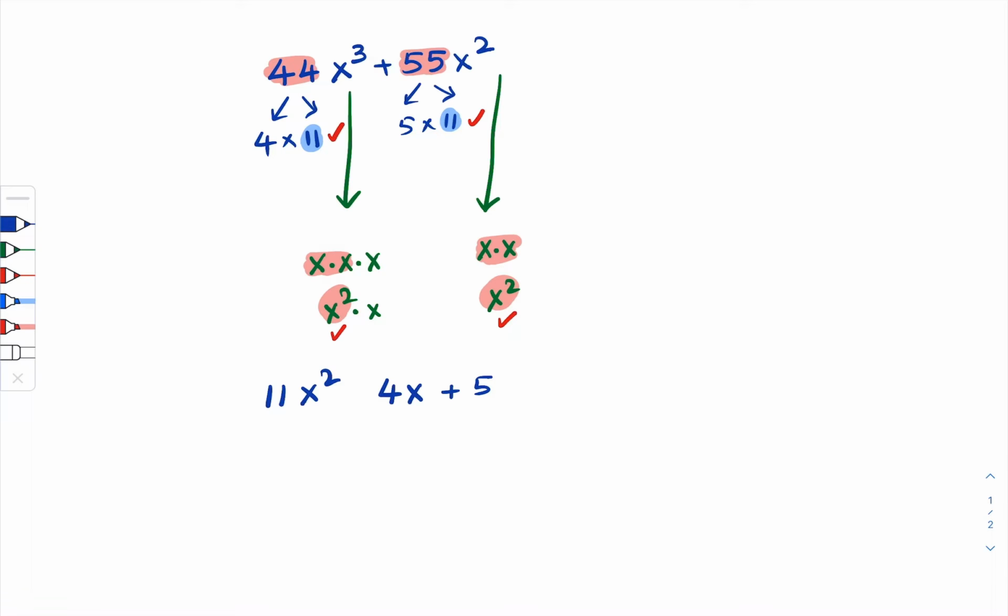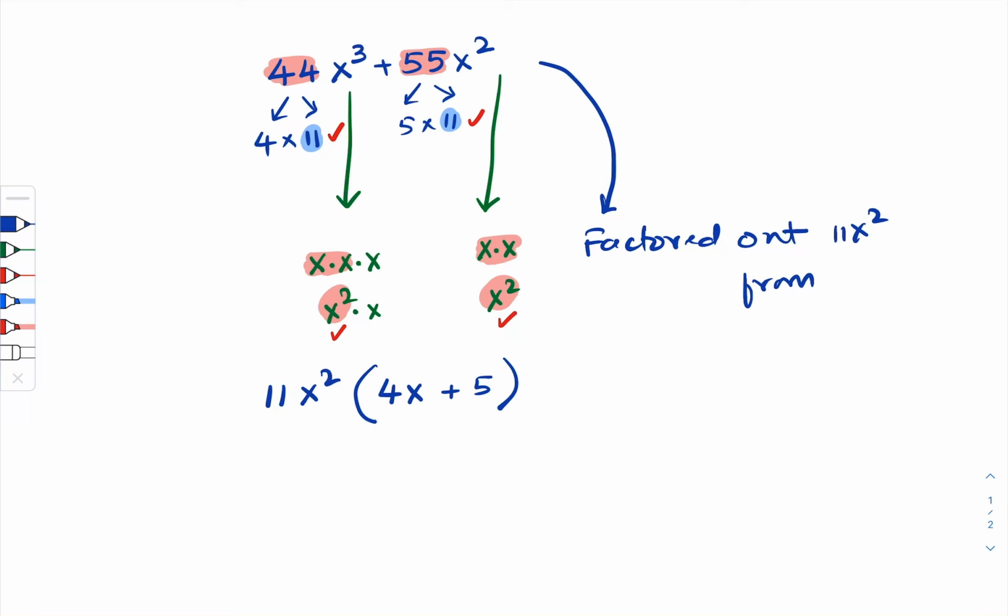So 4x plus 5, wrapped in parentheses. Essentially, I factored out 11x squared from the 44x cubed plus 55x squared, and what's left behind is put in parentheses.